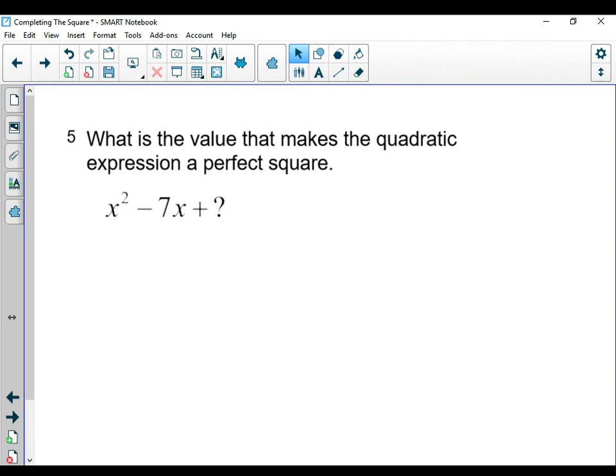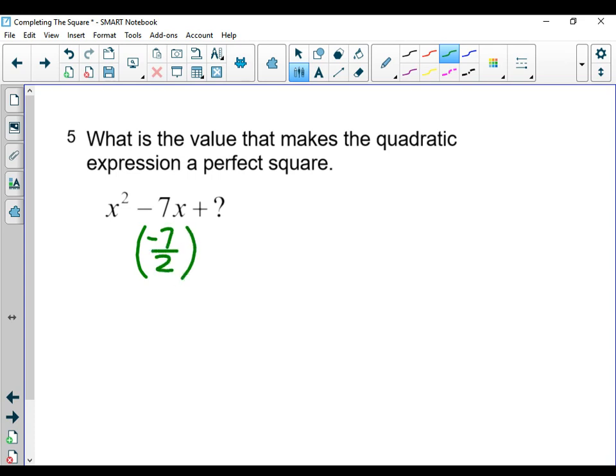You don't need a calculator. I'm going to do negative 7 divided by 2 and square it. I can square the numerator and I can square the denominator.